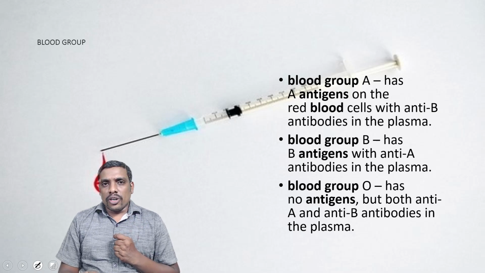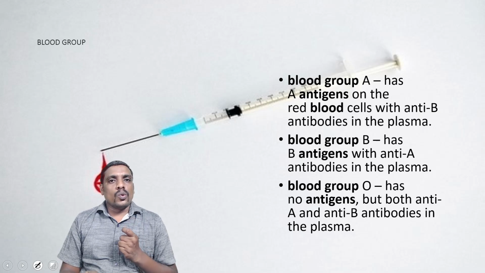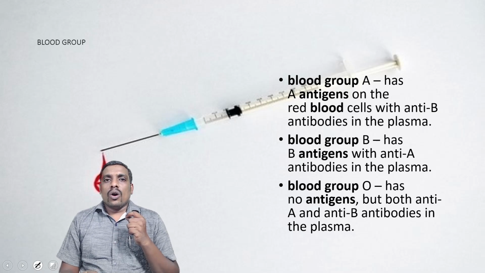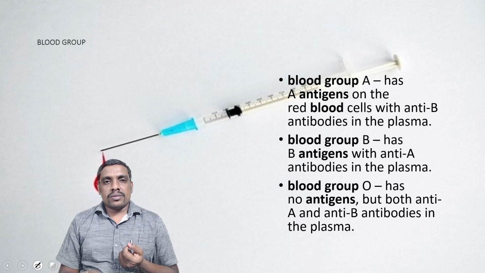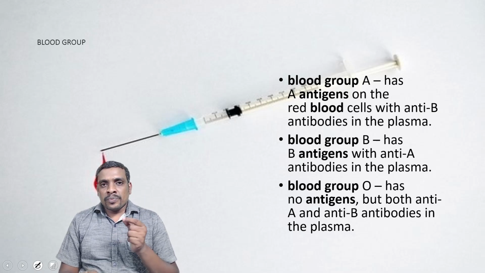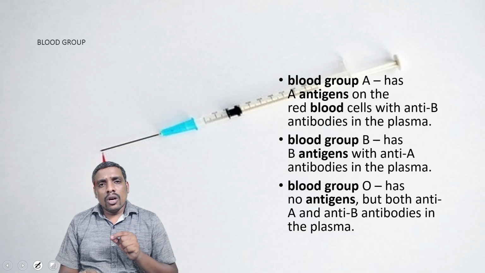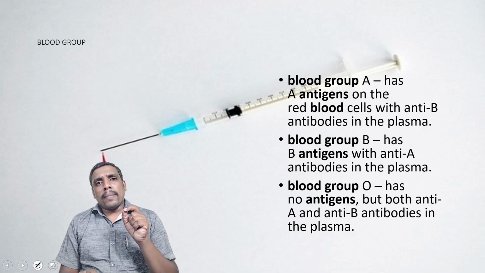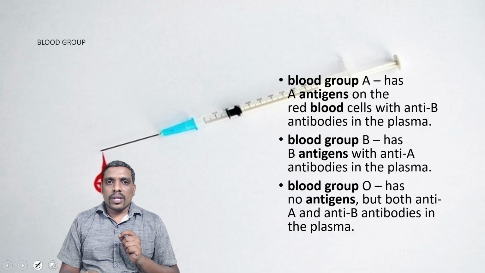Now, let me ask you a question. Based on this, who can donate blood to O group, or who can donate blood to A, B blood group persons? Now, if you see, O group blood does not have antigens, so O group blood can donate blood to anyone, like A, B, and AB. Why?